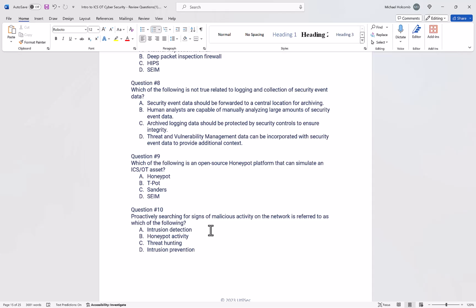We install tools and they alert us if they find something. When we're being proactive, it means we're jumping in the system, more than likely using tools, to see if there is a sign of an attacker in the environment.